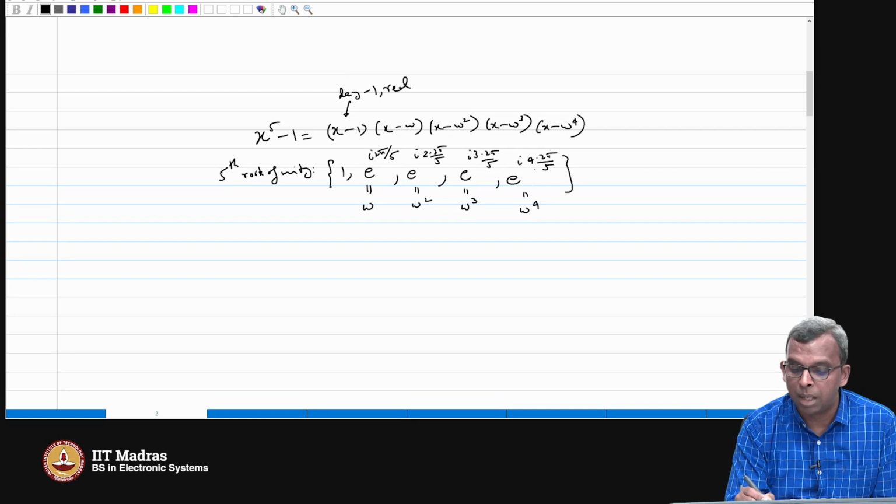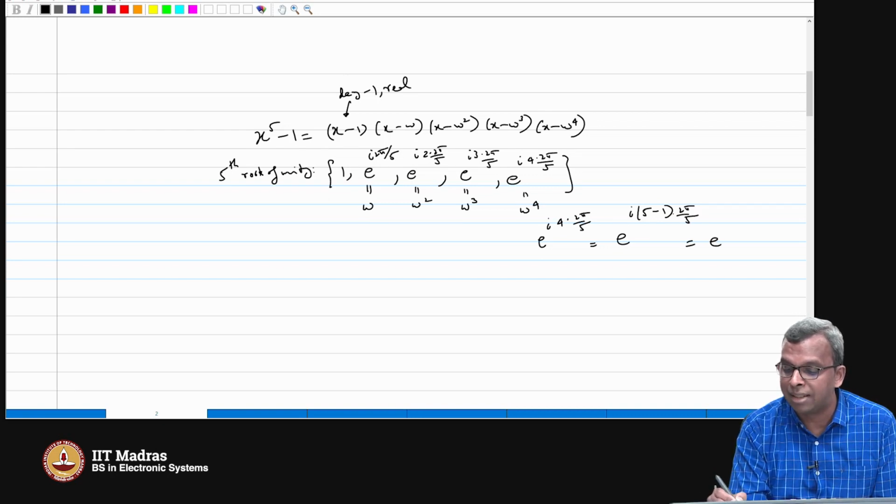Now, look at omega power 4, e power i into 4 into 2 pi by 5. I was mentioning this briefly before. It is the same as, write 4 as 5 minus 1, 2 pi by 5. There is a good reason why I am writing it, you will see that clearly here. Now, the 5 and 5 will cancel. If you multiply this out, you will just get e power i into 2 pi, minus i into 2 pi by 5.